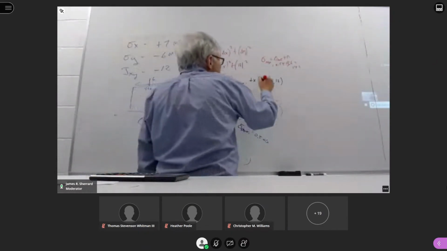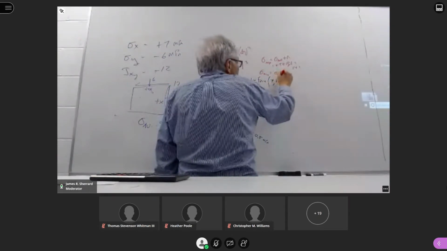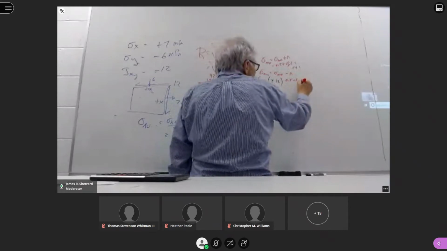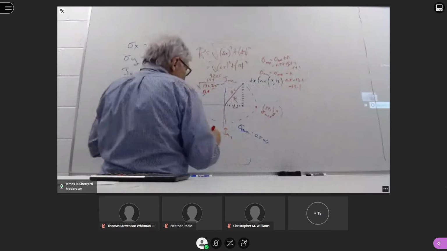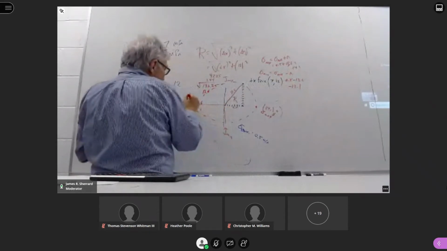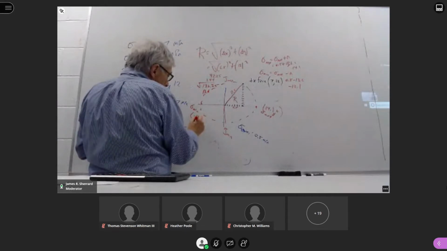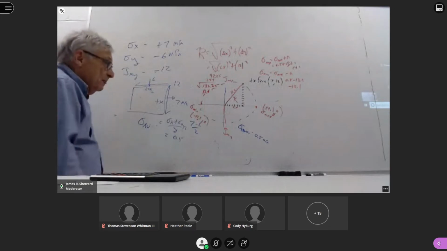Likewise, if we come this way, sigma min is equal to sigma average minus R, or 0.5 minus 13.6, or minus 13.1. So this value is minus 13.1. And again, it's on this axis, so tau is 0.